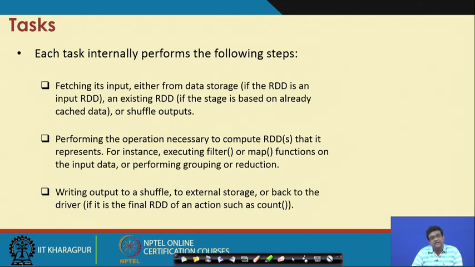External storage can either be memory or a local file system, as we have seen in the case of MapReduce. Then this RDD is materialized, and we go forward from there to computing other RDDs as defined in the execution plan, which has already been designed. So, this is how the Spark internals work.